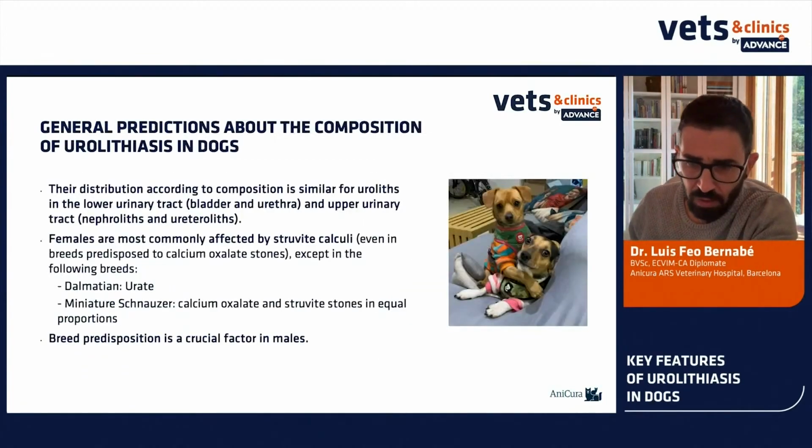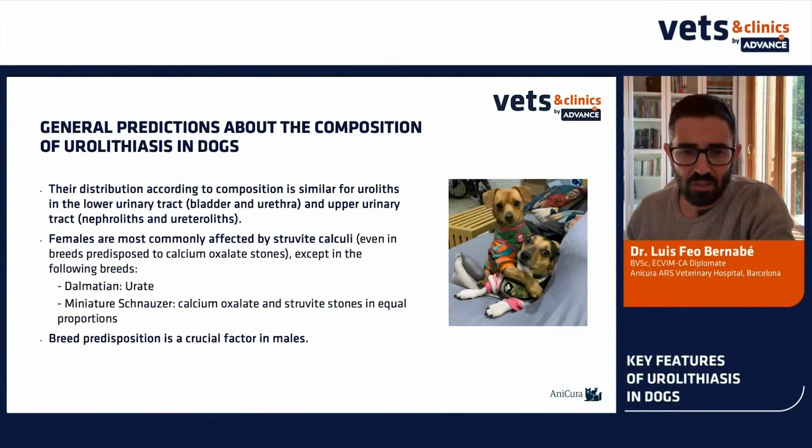I think there's some important information about the general predictions about the composition of urolithiasis in dogs. Their distribution according to composition is similar for uroliths in the lower urinary tract, the bladder and urethra, and upper urinary tract, so nephroliths and ureterolithiasis. And that's a little bit different compared to cats.